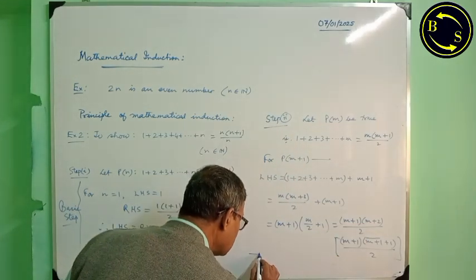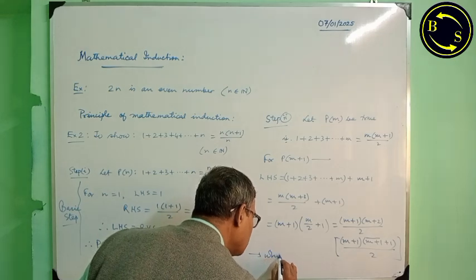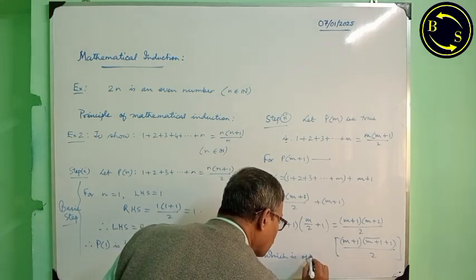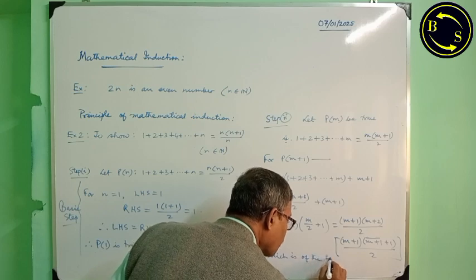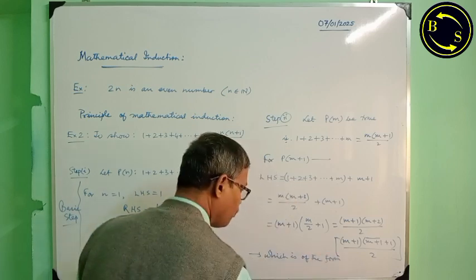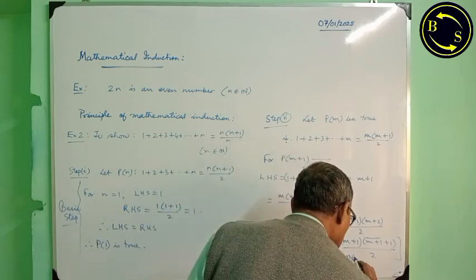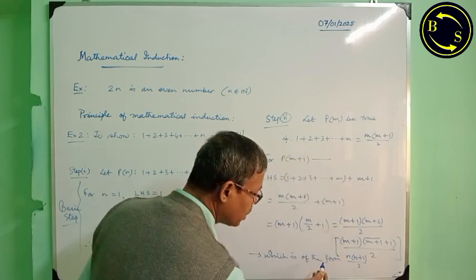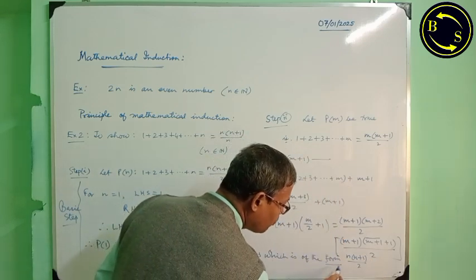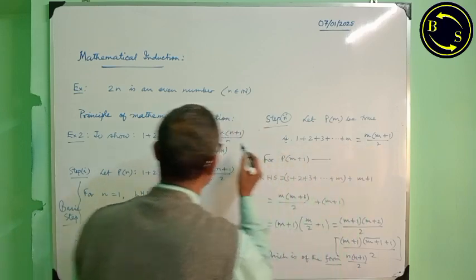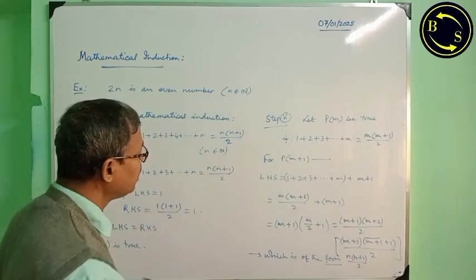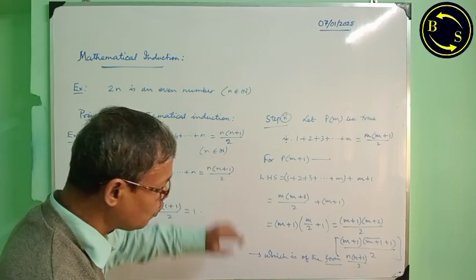I write like this, which is of the form n into n plus 1 by 2. Note that of this form, the original one, oh sorry, it is written wrongly, n into n plus 1 by 2 form.